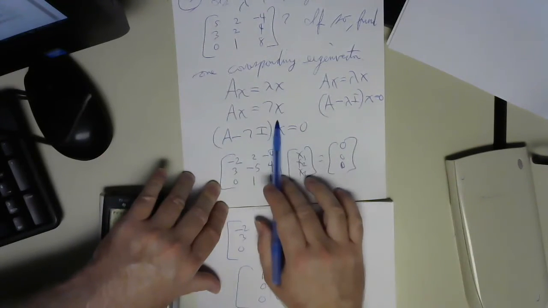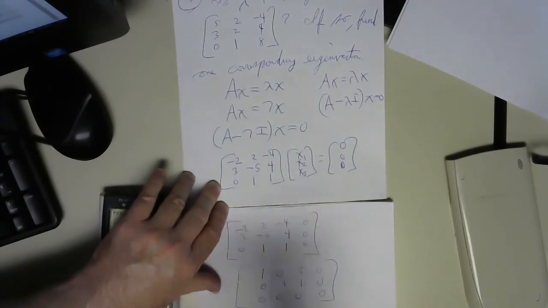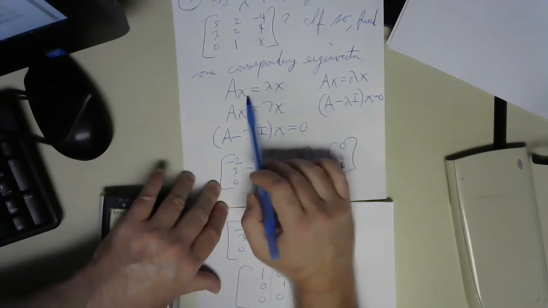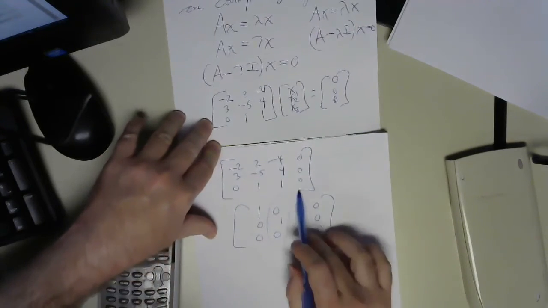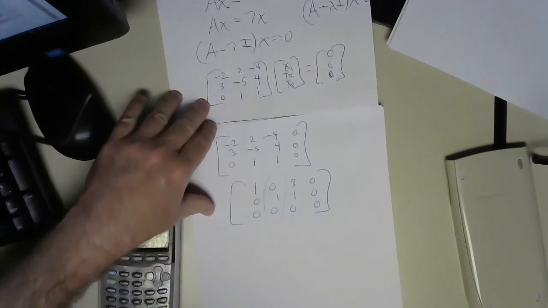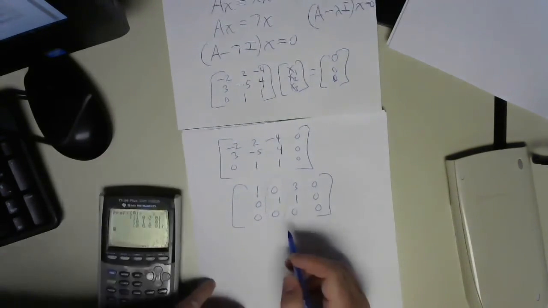You don't count the trivial solution as part of the definition, by the way. So this is only an eigenvalue if there's a non-trivial solution for x for that equation. And there is, because we have a free variable. There are infinitely many solutions. So let's characterize the solutions.